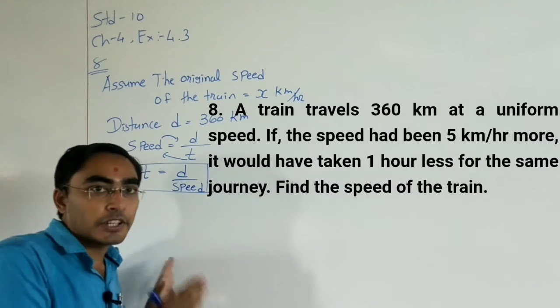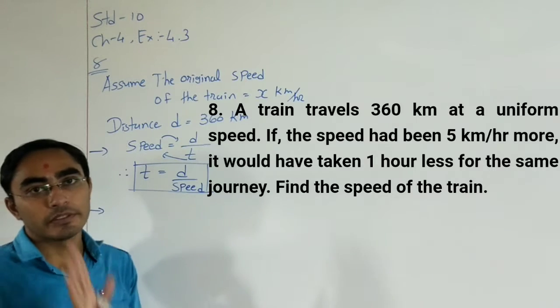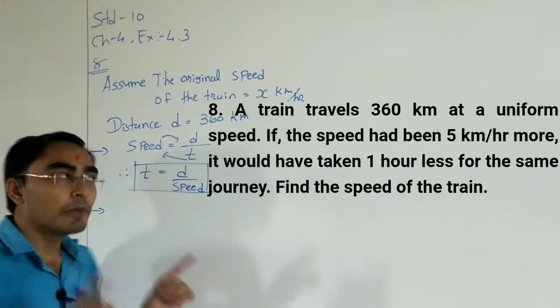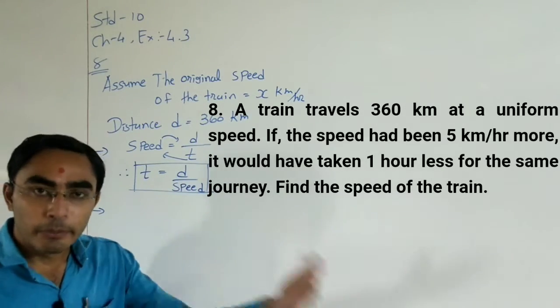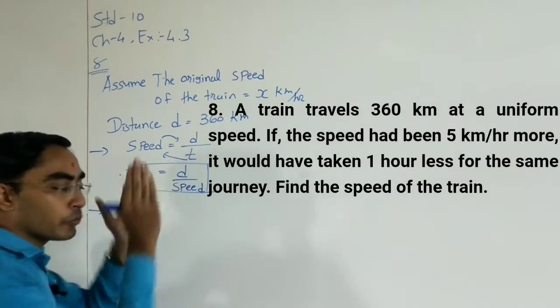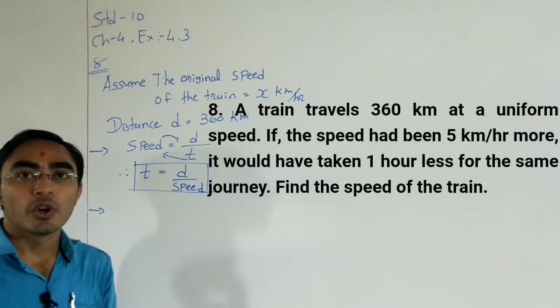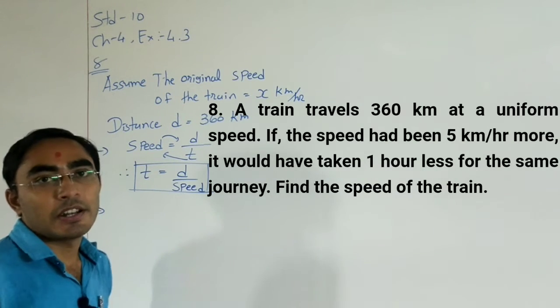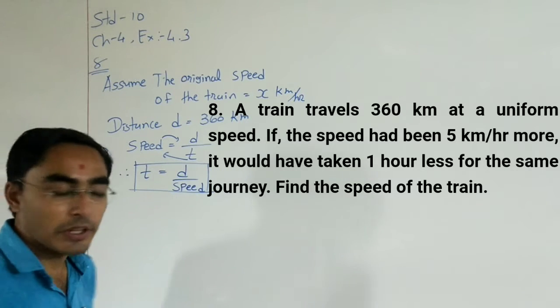So if we subtract the two times, then we get the answer 1. Time required with original speed minus time required with new speed is equal to 1, because the difference between the two timings is 1 hour.